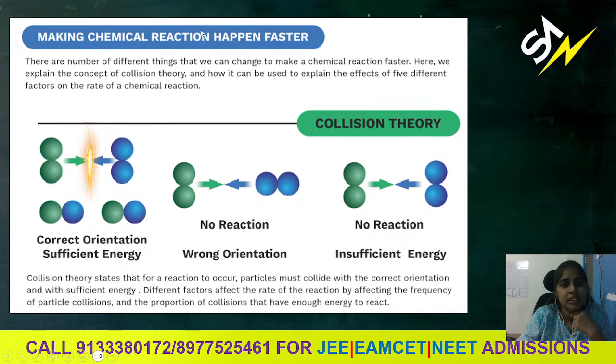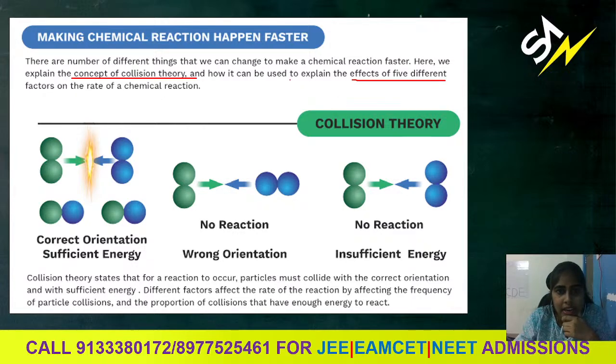Next, making a chemical reaction happen faster. There are a number of different things that we can change to make a chemical reaction faster. Here we explain the concept of collision theory, and how it can be used to explain effective collisions.